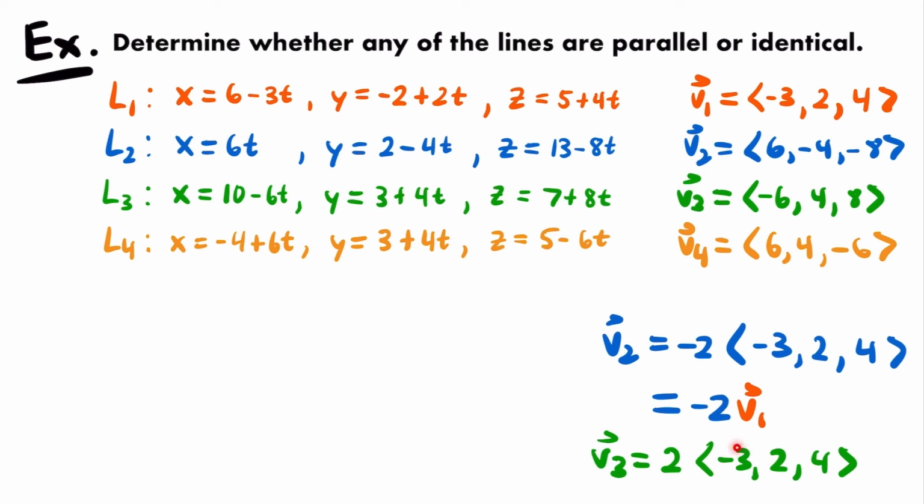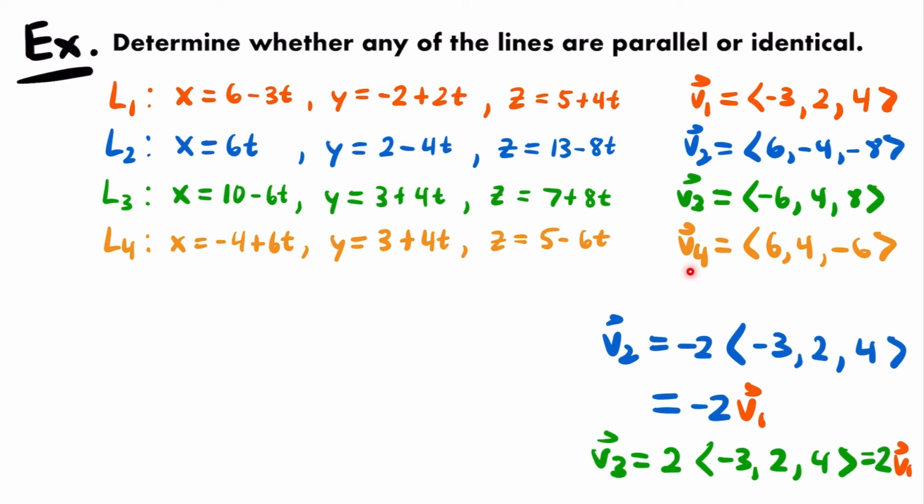Right? 2 times -3 is -6, 2 times 2 is 4, and 2 times 4 is 8. And so now notice that we have 2 multiplied by a vector that is vector v1. It has the same exact components. All right, so just like vector v2, we have now shown that vector v3 is a scalar multiple of vector v1. We could rewrite it to be 2 times vector v1.